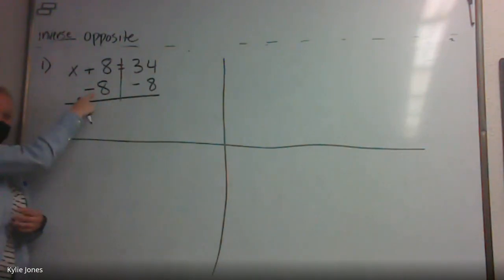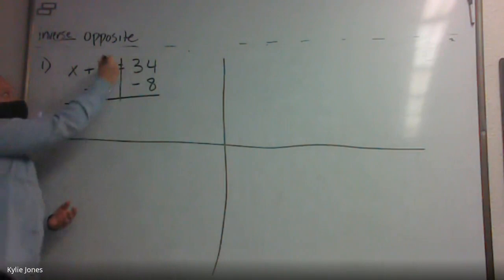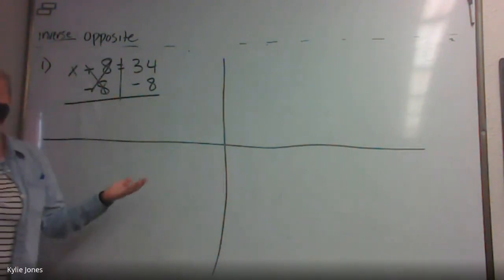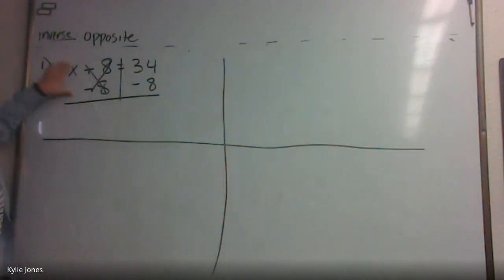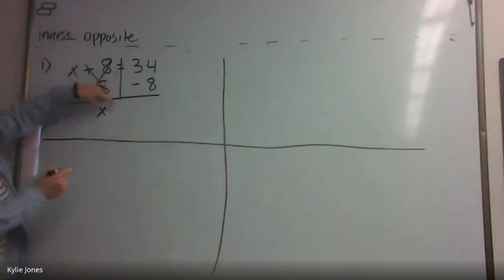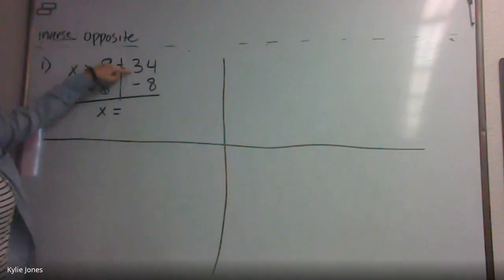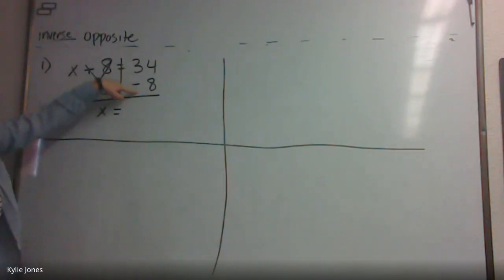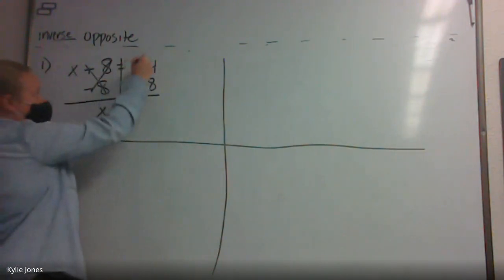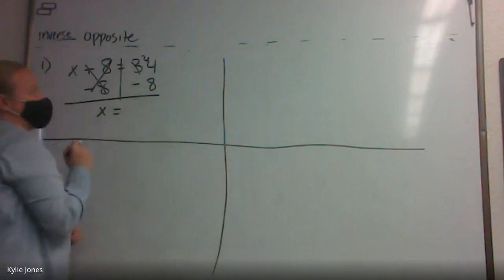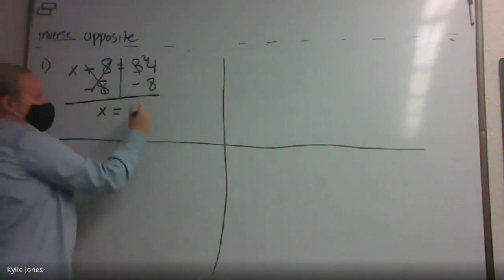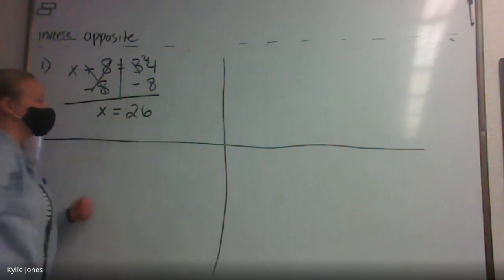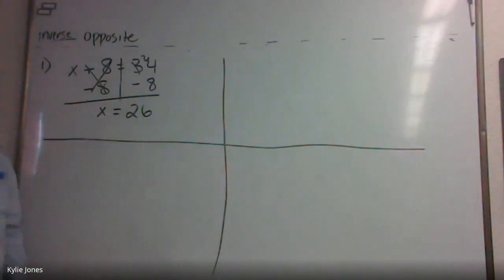Okay. So now we do this subtraction. What is 8 minus 8? It's 0. They cancel each other out and just go away. 0 doesn't need to be present, right? So what's left on this side of my equation? X. And that equals, what is 34 minus 8? 26.